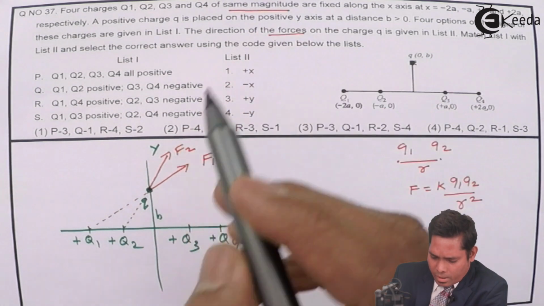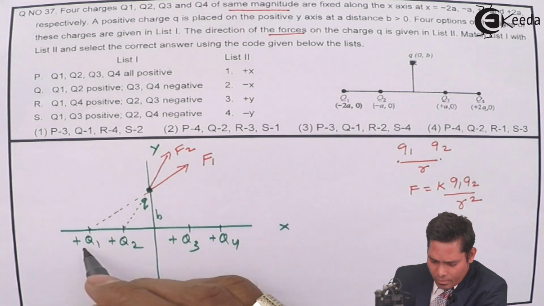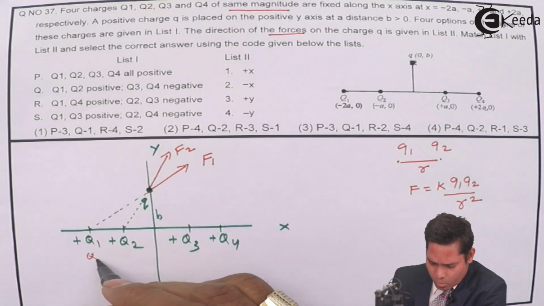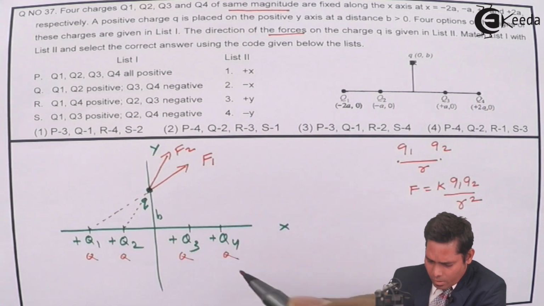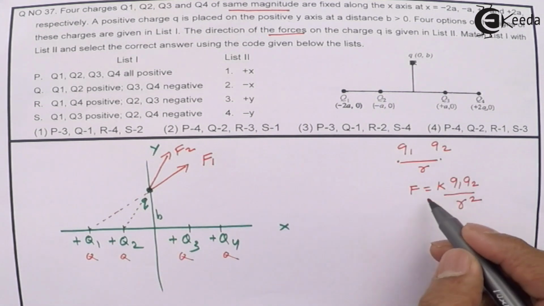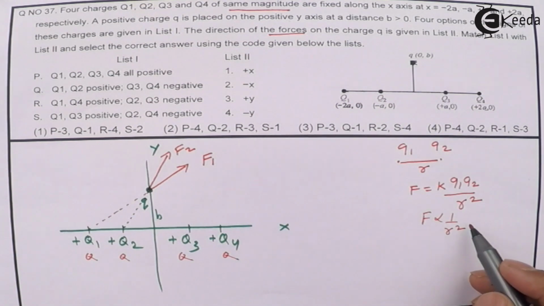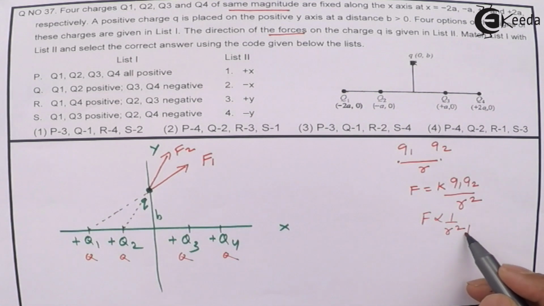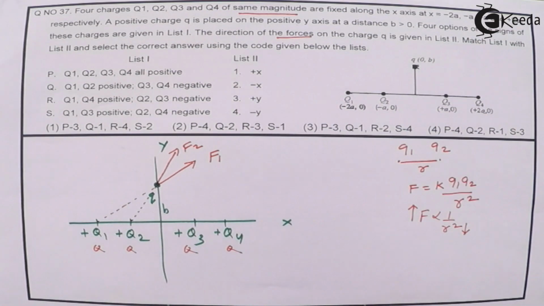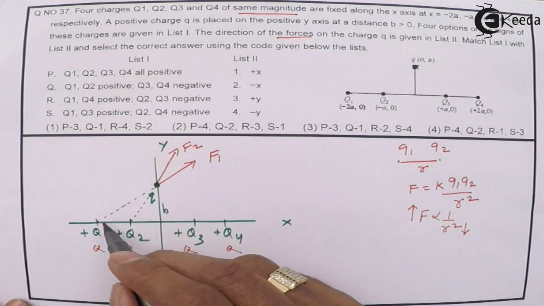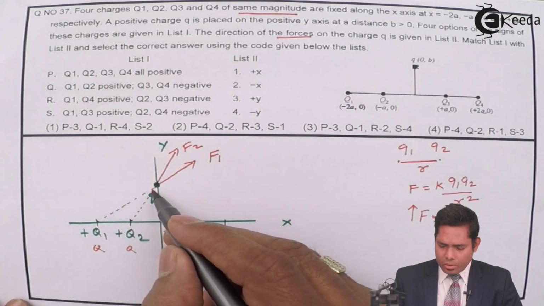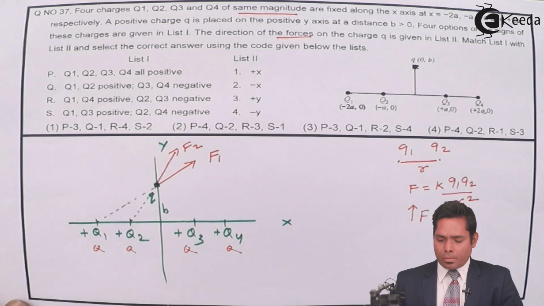Same magnitude charges are there, so I will consider each charge as Q. Then F is inversely proportional to the square of the distance. The smaller the distance between the charges, the greater the force. This distance is more and this distance is less, so F2 is greater than F1, there is no doubt about that.